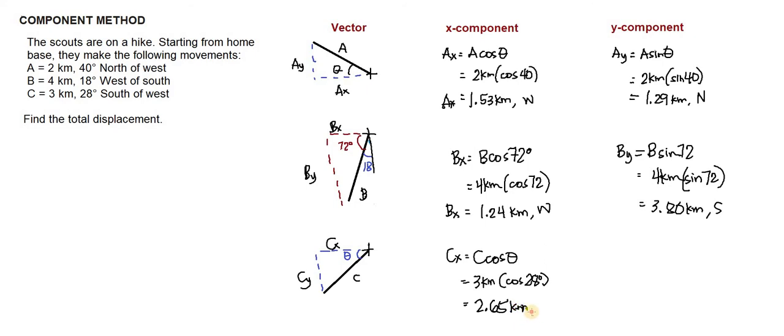Kilometer, direction west. Okay, let's have C sub y. C sub y is equal to C sine of theta, so that's 3 kilometers sine of 28 degrees.